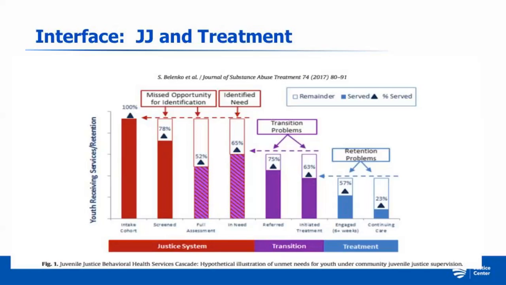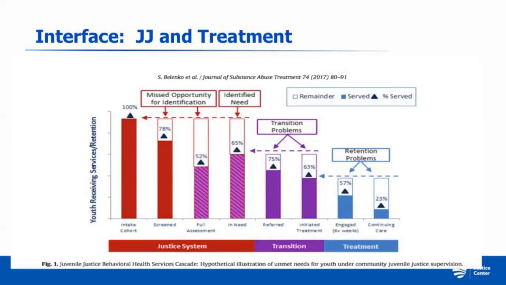So using slightly different colors, you can see here that there are, as Steve Belinko calls it, a number of missed opportunities for identifying cases, a number of missed opportunities for treating youth in need.